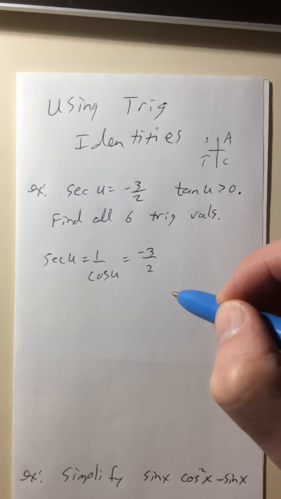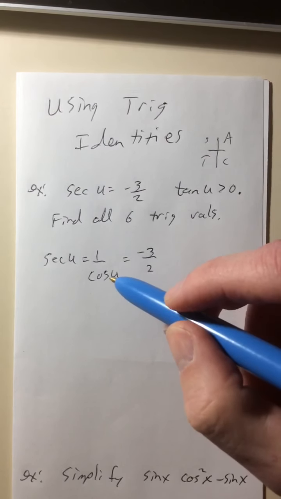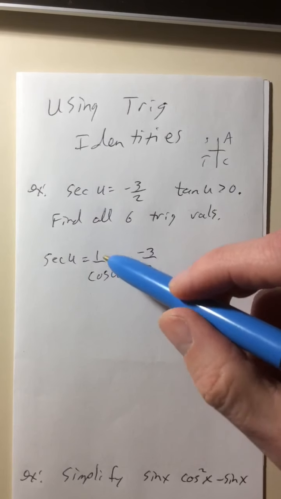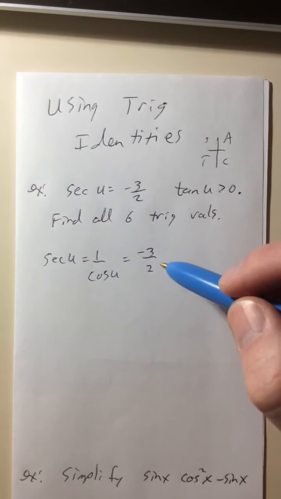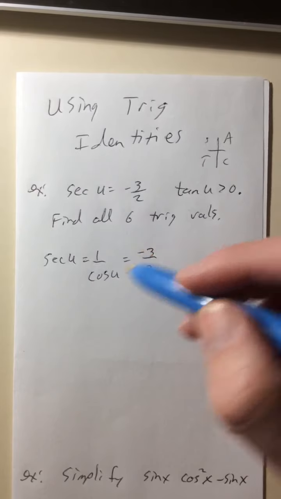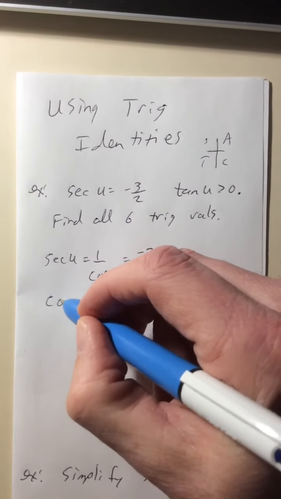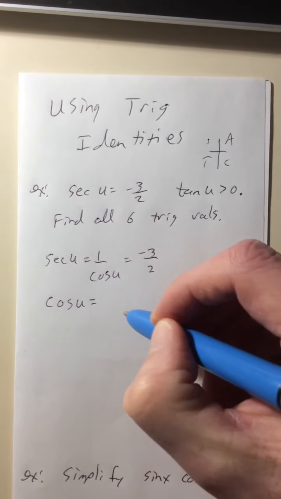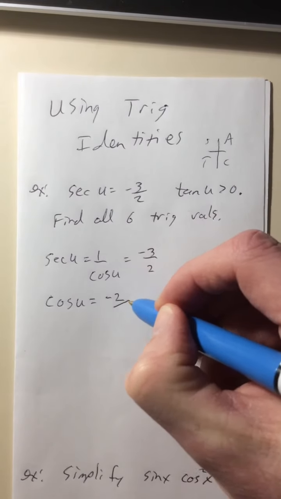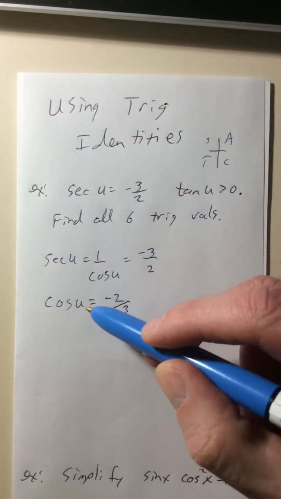What we want to figure out is the cosine of u. When we see two fractions like this equal to each other, we can flip both fractions over. And so now we know that the cosine of u equals -2/3. So that gets us the cosine.